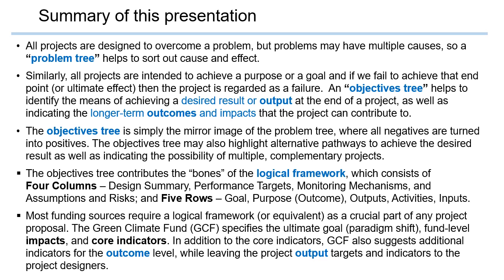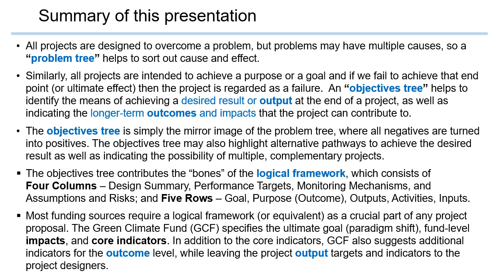The objectives tree contributes the bones of the logical framework, which consists of 4 columns: a design summary, performance targets, monitoring mechanisms, and assumptions and risks, and 5 rows: goal, purpose, outputs, activities, and inputs, giving a total of 20 elements that need to be filled in.